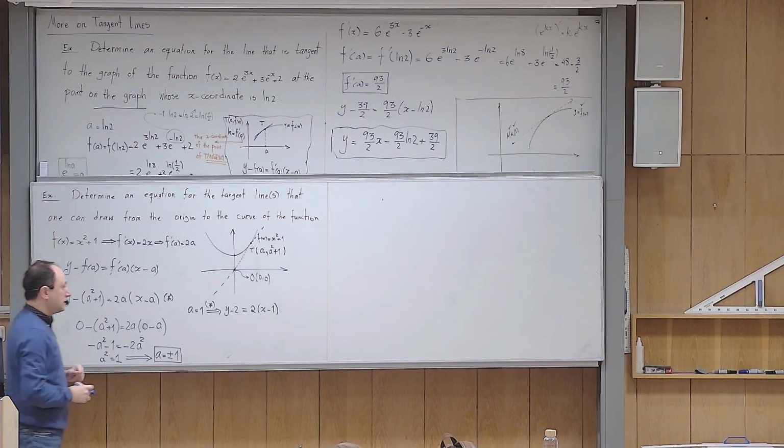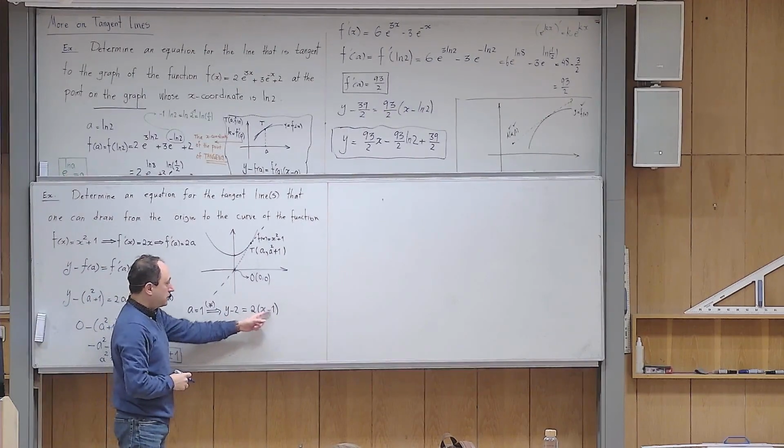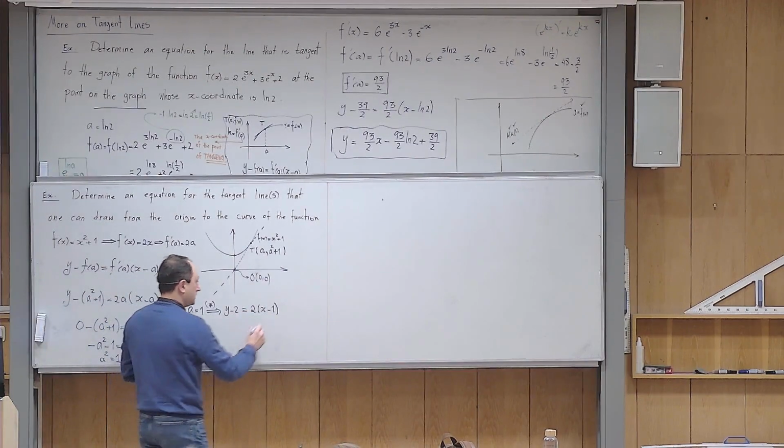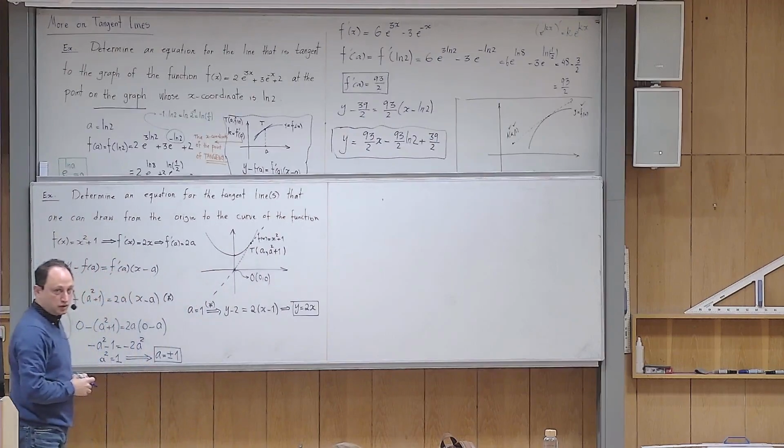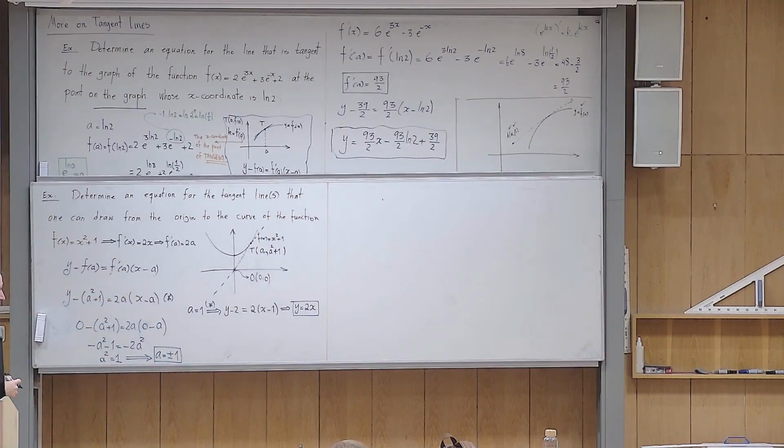And I simplify that. We can do it in our head. So 2x minus 2 and minus 2 are cancelled. So this becomes y is equal to 2x. So this y equals 2x is that.